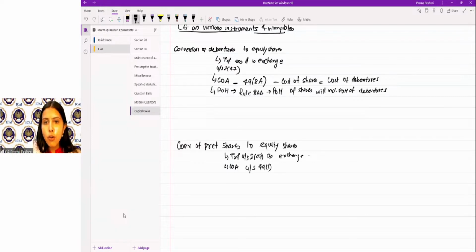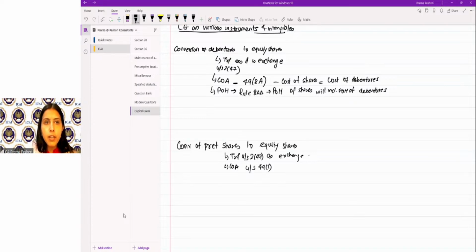Whenever you have cost of acquisition given under section 49(1), understand one thing very carefully. 49(1) is for the cost to the previous owner, or mostly the cost of the previous asset.